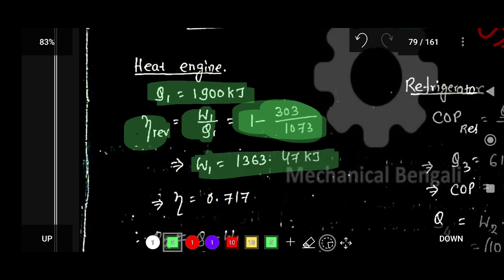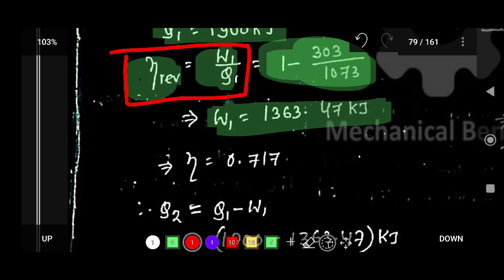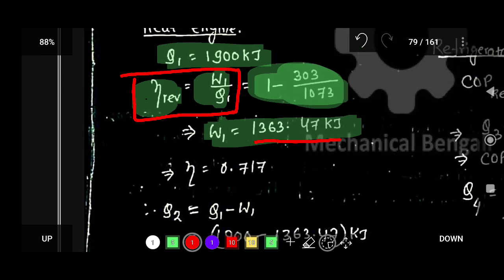W1 is equal to 1363.47 kilojoule. If you want to calculate the efficiency, the formula is output by input. The output is 1363.47 kilojoule divided by the input, 1900 kilojoule.